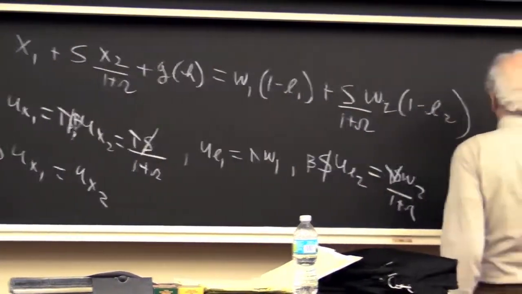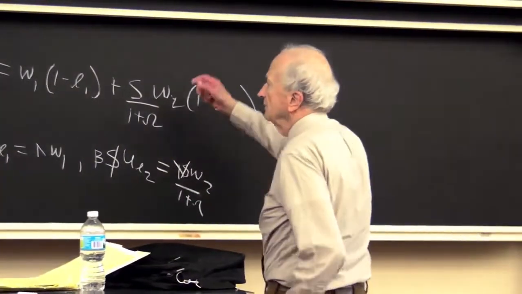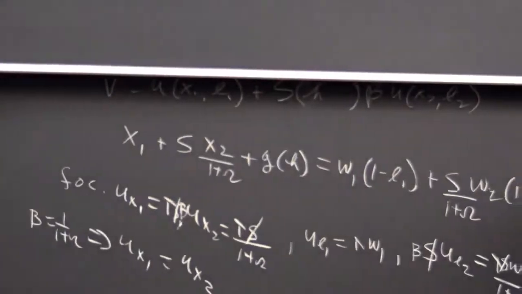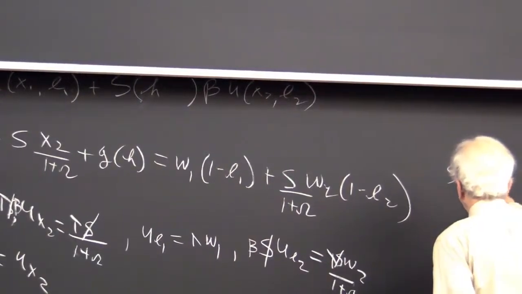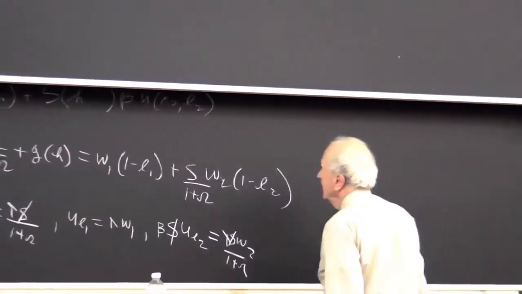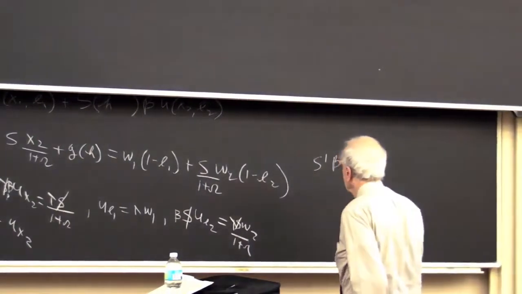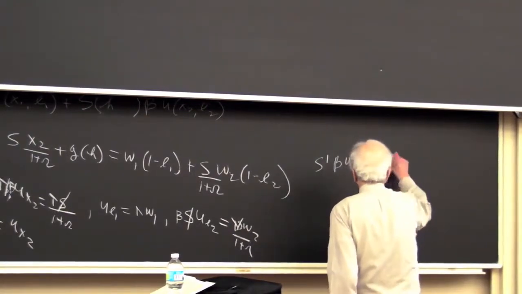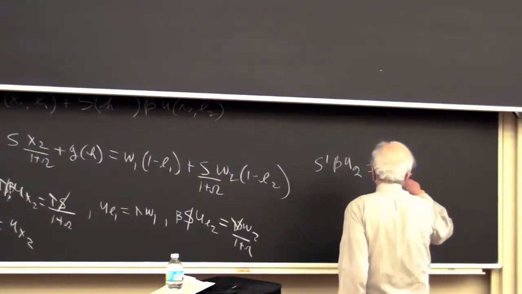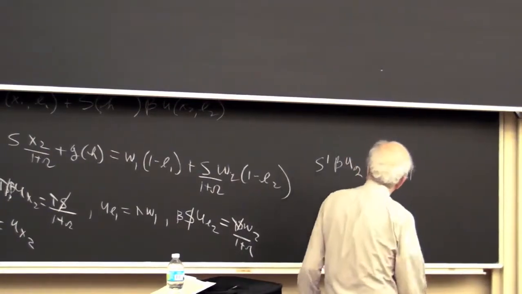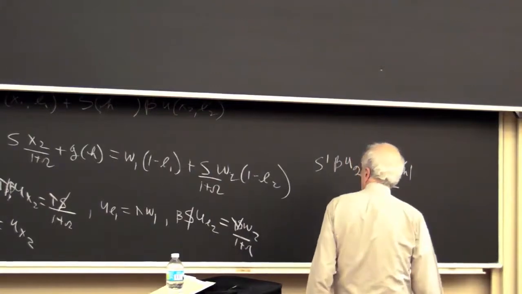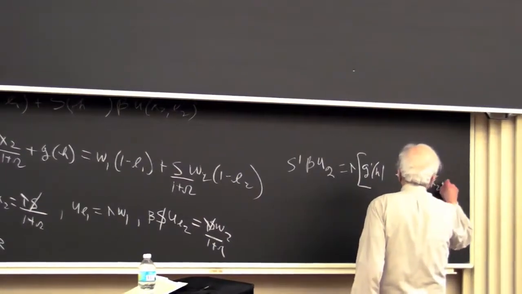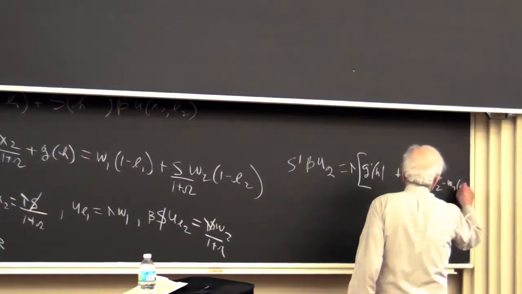We get S prime, look at our utility function, which I hid up here, S prime, the derivative with respect to H, times beta U, and I'm just going to say U2 now to designate that it's in the second period, is going to be equal to lambda times G prime, that's the marginal cost of taking more health, plus a term S prime over 1 plus R times X2 minus W2 times 1 minus L2.